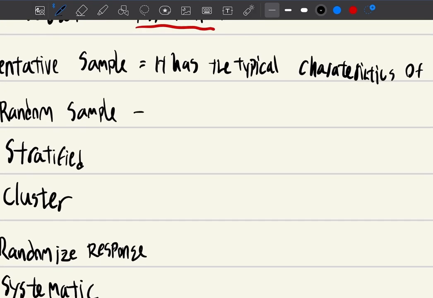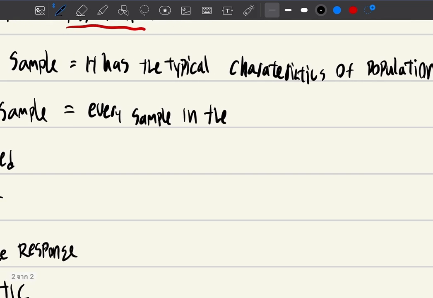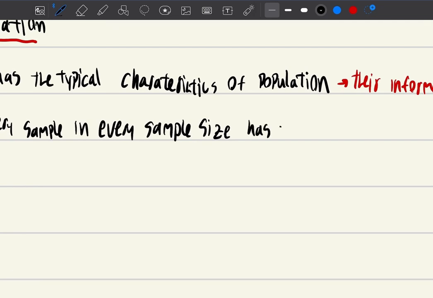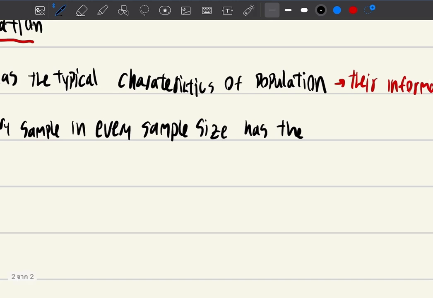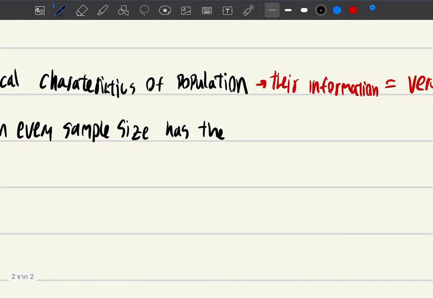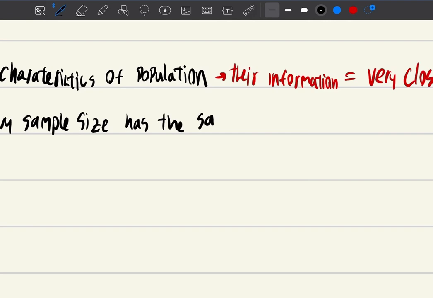The simple random sample has only one condition: in every sample size, every sample has the same, equal chance of being selected.